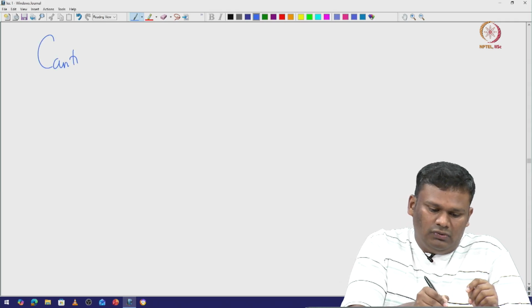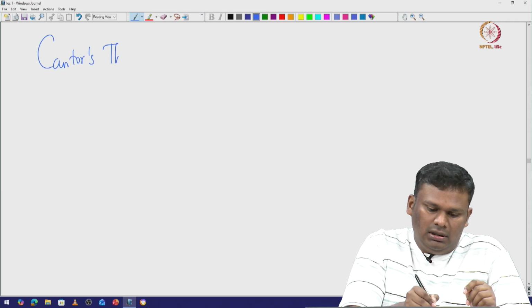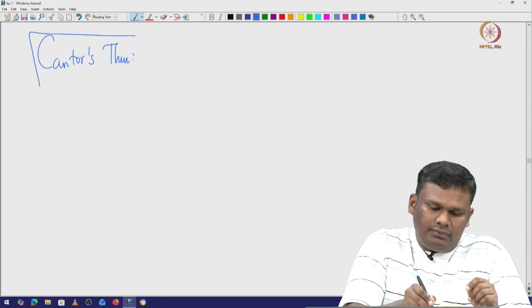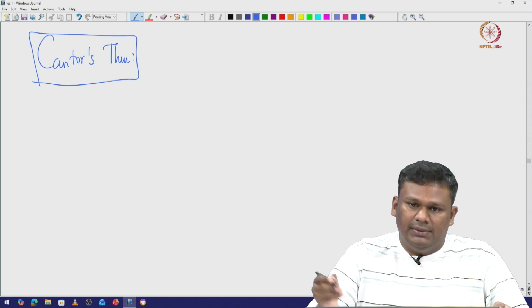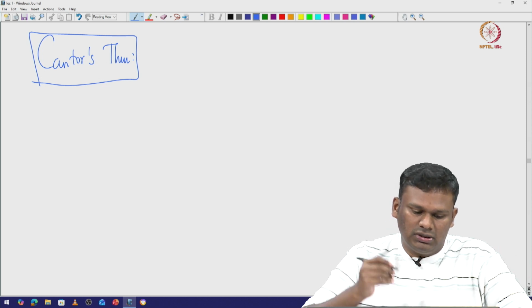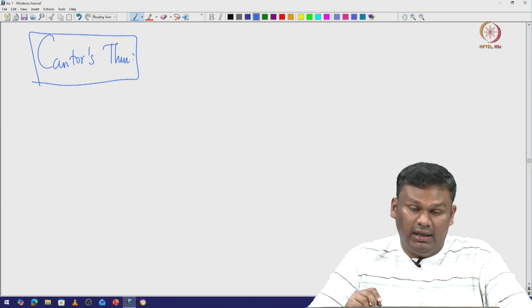This was first proved by Cantor, who invented the notion of infinity, and various types of infinity. We will discuss that later when I introduce cardinality.